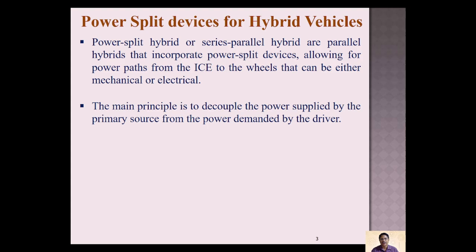Whenever a driver demands power, he must be supplied with proper power in order to give good control over the vehicle, good propulsion, and good riding comfort, and to overcome the various hurdles and path managing of vehicles. This is how power split devices for hybrid vehicles are important.